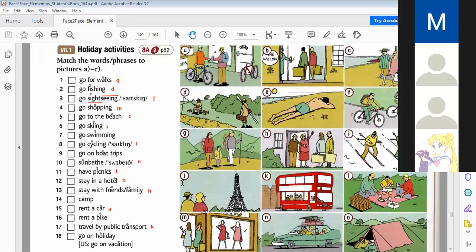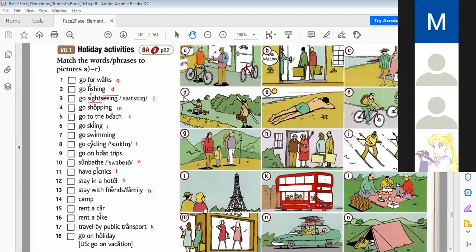What about N? What's this photo, picture N? Go on holiday. Rent a car? Yeah, I think this is rent a car, right? No, not rent a car. Q, I think, rent a car. There are still other photos. Let's check.